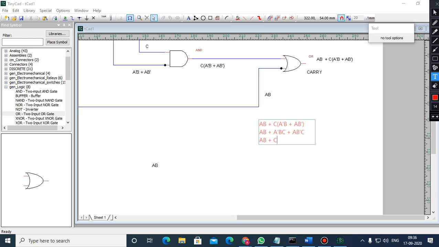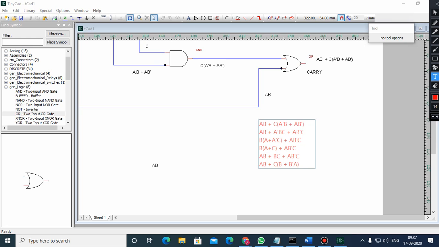But here you can get B as common, and you can write A plus A complement C plus AB complement C. So here this is the distributive law, which tells us that A plus A complement C can be written as A plus C, as the dominant term is A. So further it can be written as AB plus BC plus AB complement C. Now here it is AB plus, take C as common, and it can be written as B plus B complement A.